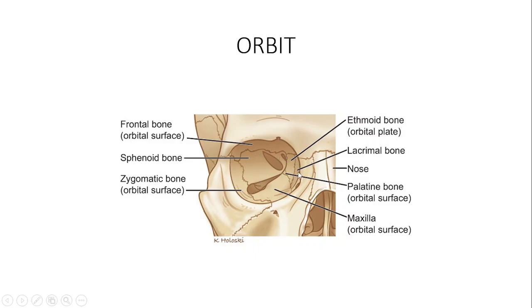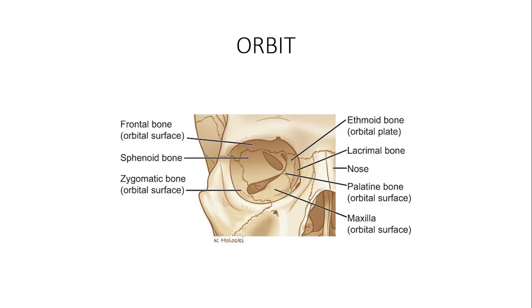I repeat, in orbital apex syndrome, apart from all the structures which pass through the superior orbital fissure which are affected, in addition to that, you have the optic nerve being affected.